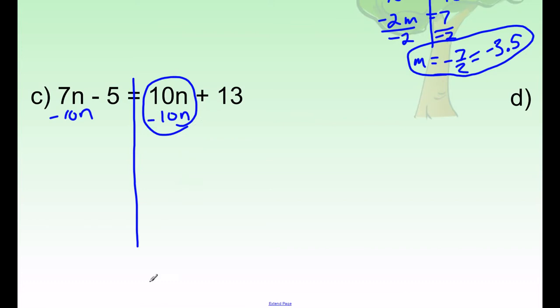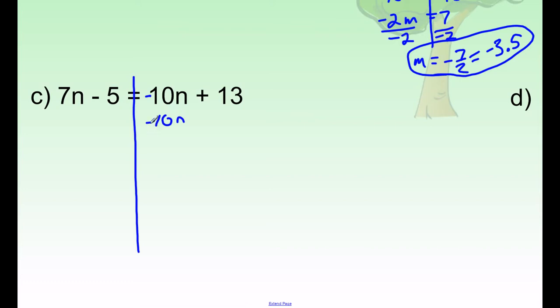And by the way, since I'm thinking about it, you're not always going to subtract this thing. It just so happens that in these problems, I guess I should have one where this number out front is a negative. If this was, say, negative 10n, what you'd have to do to get rid of this is you would not subtract 10 anymore. That would be wrong, because negative 10 minus 10 does not equal 0.